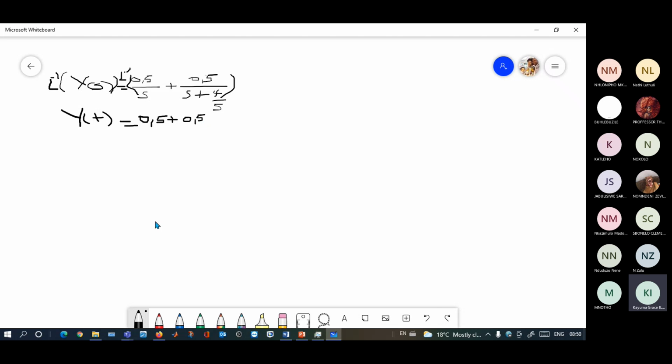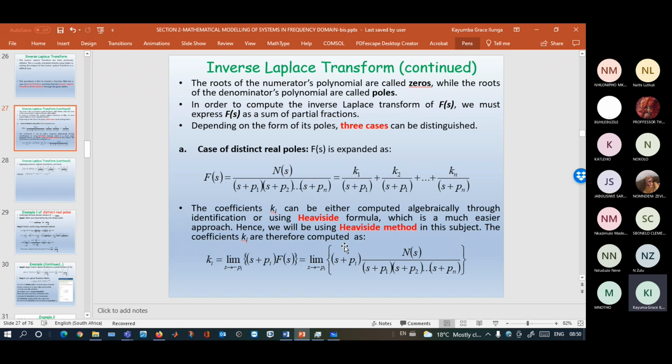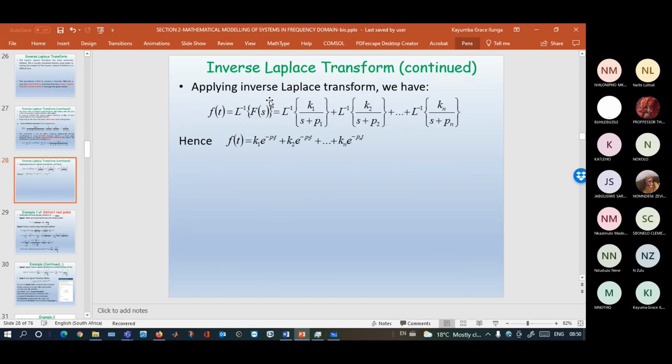So when we go back here, let me show you something. They say the answer for s plus p1 here is going to be K1 times e to the p1 t. So we know that p1 is equal to 0, so this is going to be 1. That's why we have 0.5. And the second one will be K2 times e to the minus p, the pole we have there, times the time.